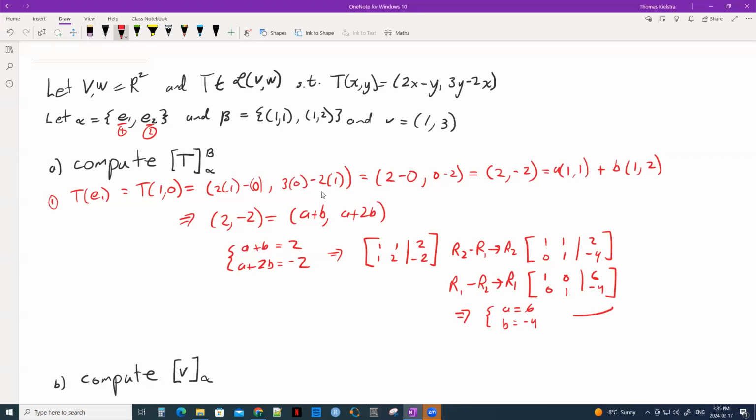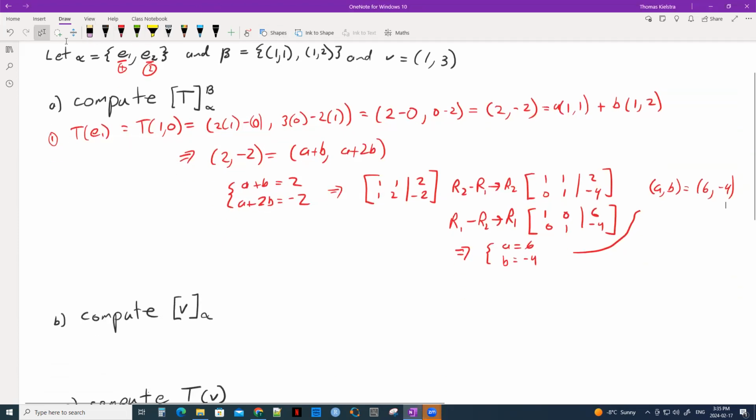Which means that we can store the vector (A, B) as (6, -4). You can see this as the coordinates of T(1, 0).